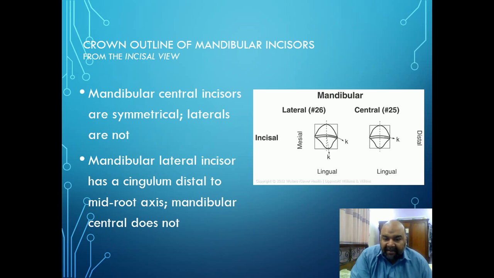So mandibular central incisors are symmetrical, and the laterals are not symmetrical. Why are they not symmetrical? Because of the distolingual twist. And the mandibular lateral incisor has a cingulum which is offset to the distal side, and this offset is because of the distolingual twist, while no such distolingual twist occurs in the central incisor.